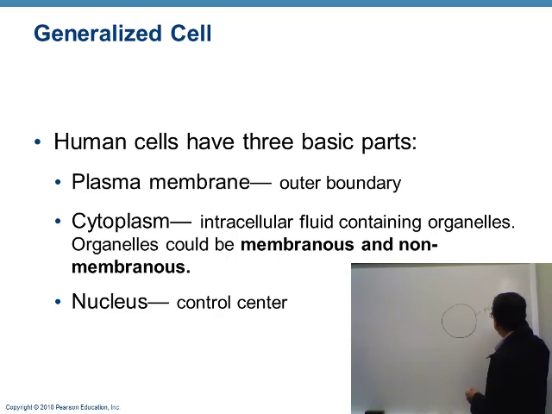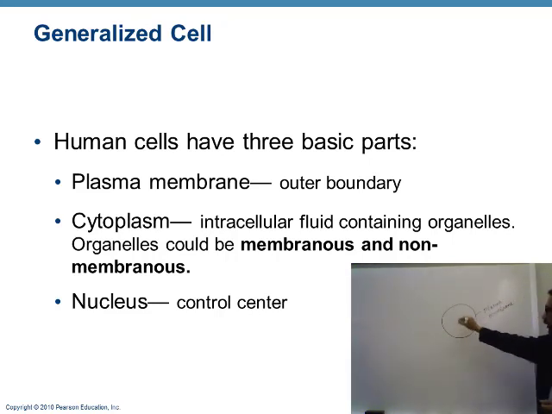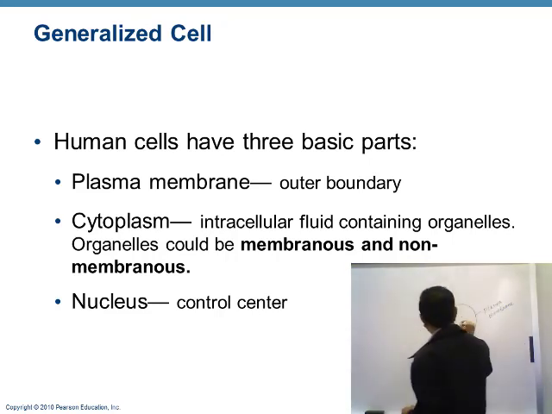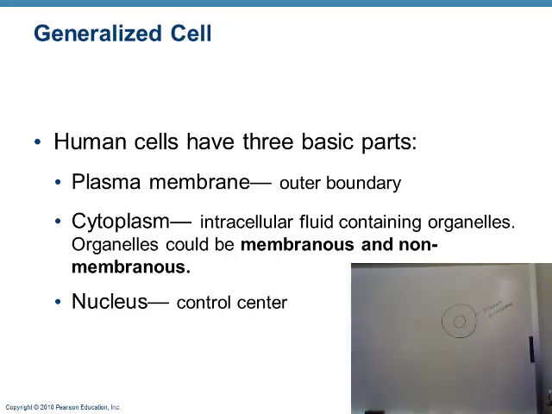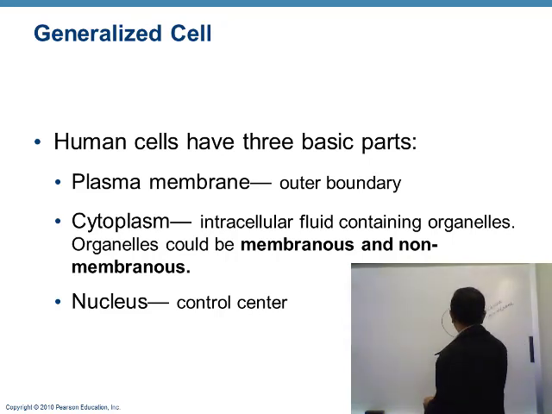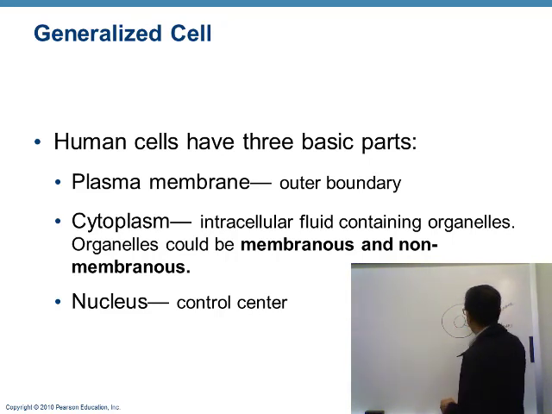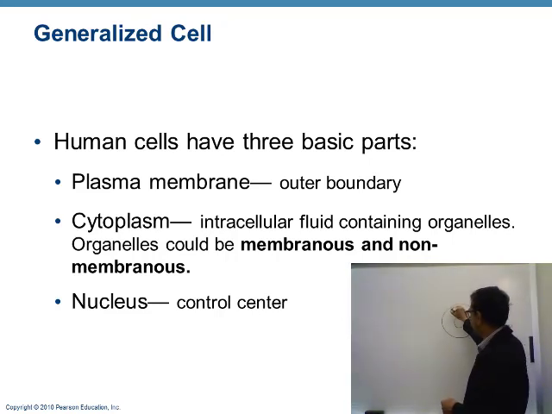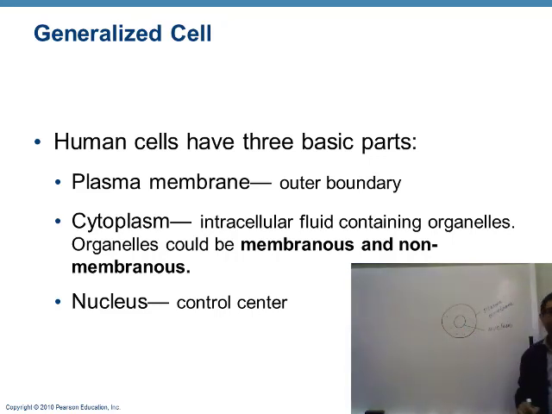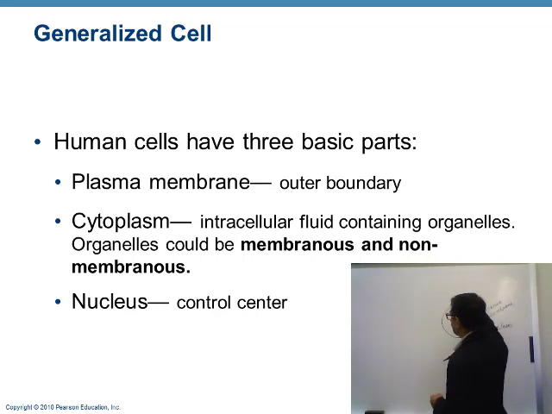That gives the boundary of the cell, and then you have a nucleus usually located in the center, and in between you have the cytoplasm. So in between the plasma membrane and the nucleus you have the cytoplasm.